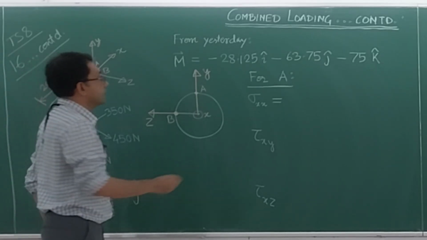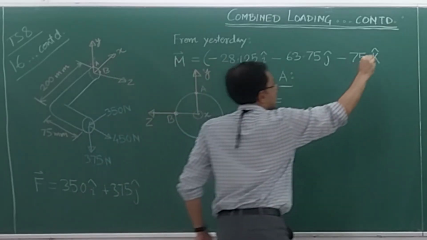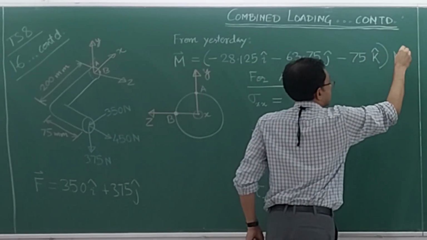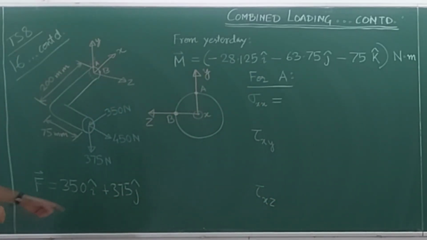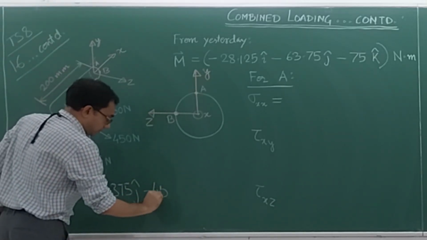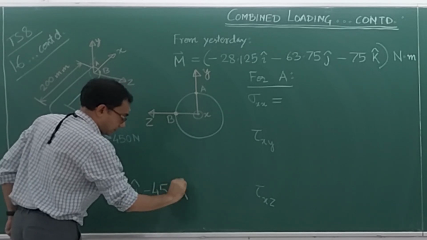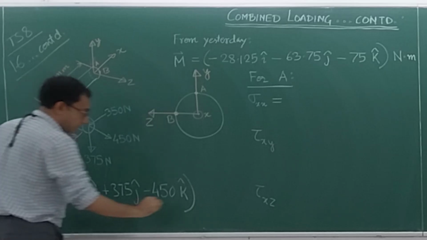Oh, by the way, I did not write the units here. Plus 375 j hat and then minus 450 k hat, with Newton sitting outside.